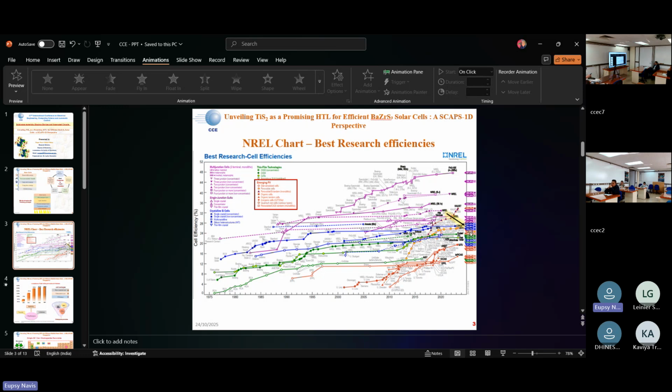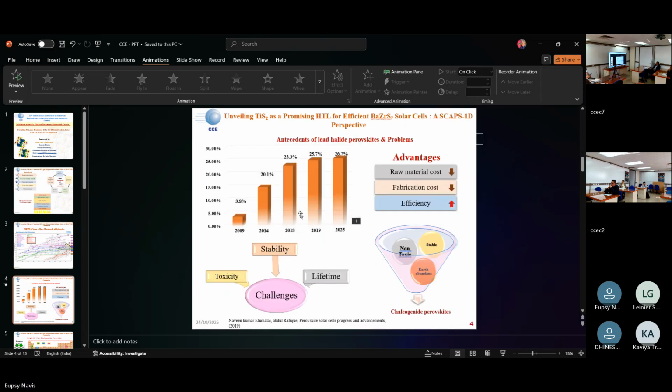Interestingly, perovskites, which fall in the category of emerging photovoltaics, achieved an efficiency of about 26.7 percent within 15 years, which is really impressive and motivates us to work on these emerging materials. Looking at the antecedents, in 2009 lead halide perovskites achieved an efficiency of 3.8 percent, and in a span of 15 years they have achieved a breathtaking efficiency of about 26.7 percent.